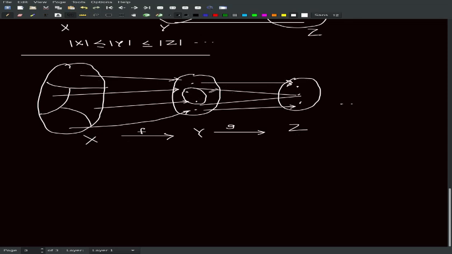It is first gluing this and then gluing these two. So this glued thing remains as it is, this glued thing remains as it is, but these two separate partitions, which were separate here, are now further glued to this in Z.